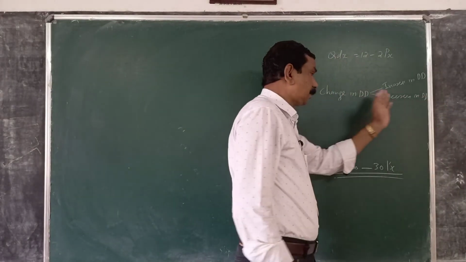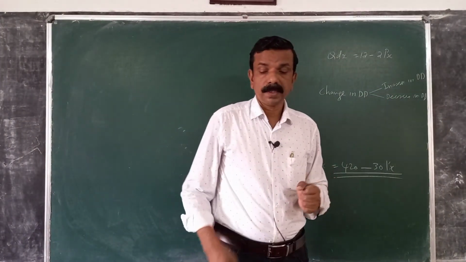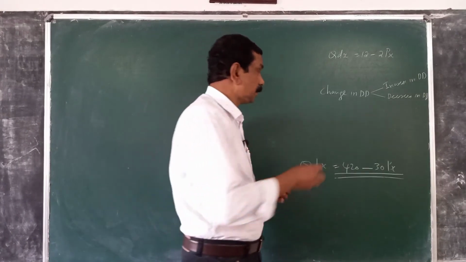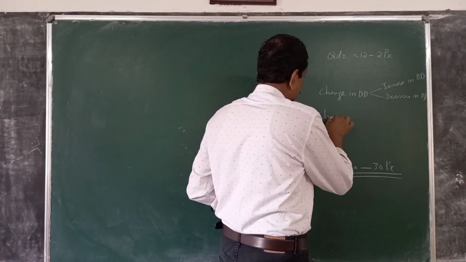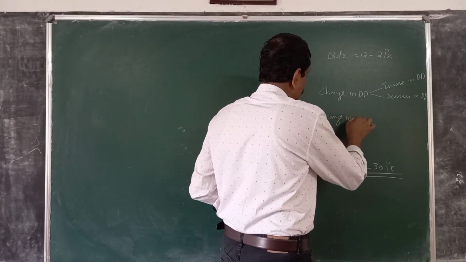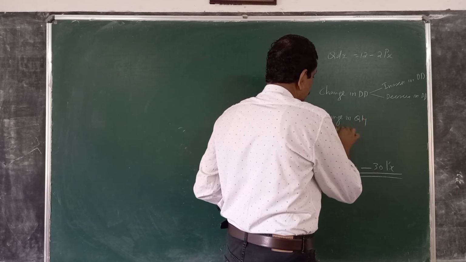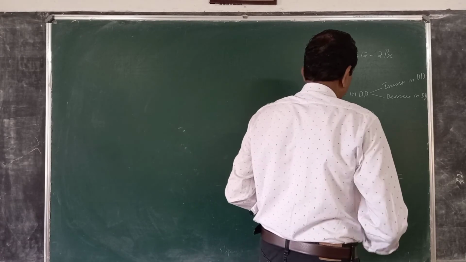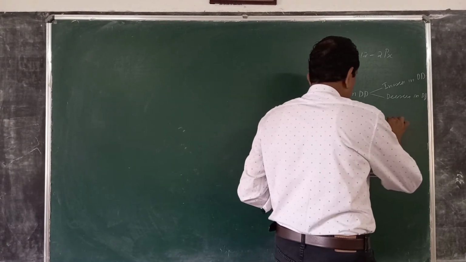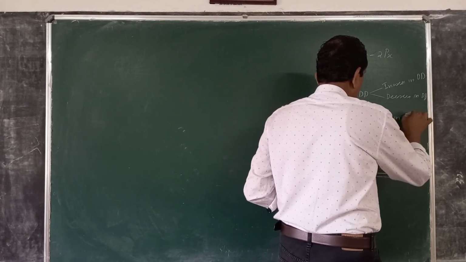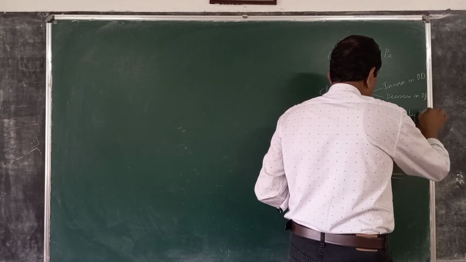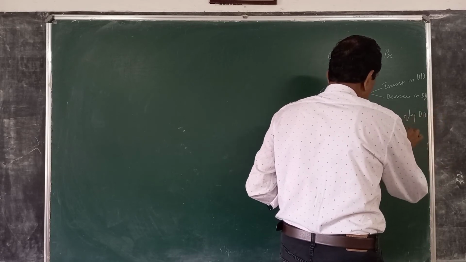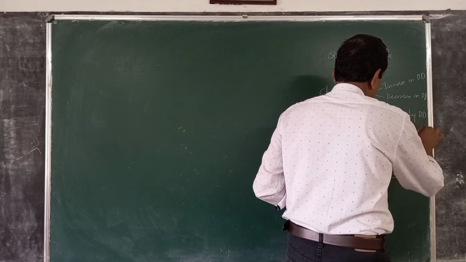And this must be contrasted with a movement along the demand curve, which is known as change in quantity demanded. Change in quantity demanded, an increase in quantity demanded, and a decrease in quantity demanded.